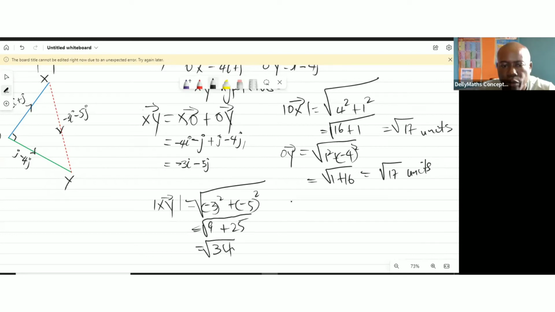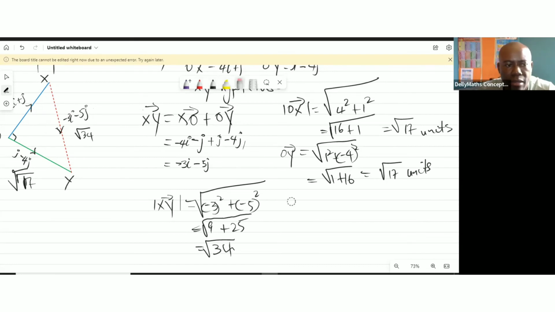Root of 34 units. Now, if this is at a right angle, the magnitude is root of 34 here, and we have the root of 17 here. I'm seeing the answer already if you approach it this way.